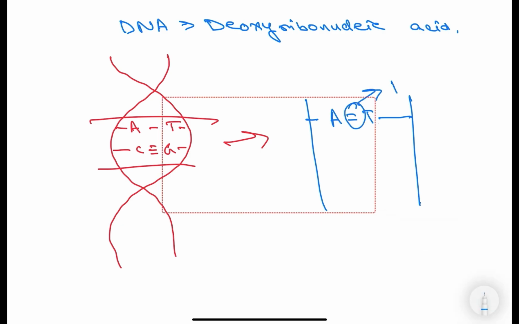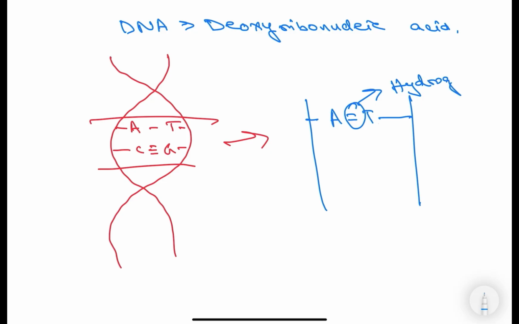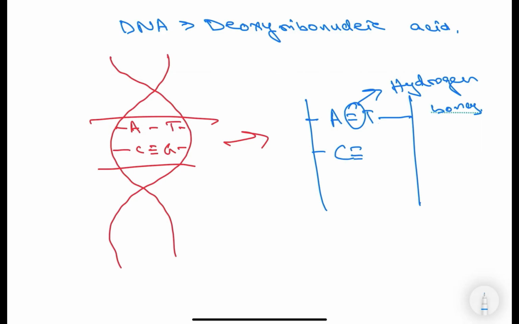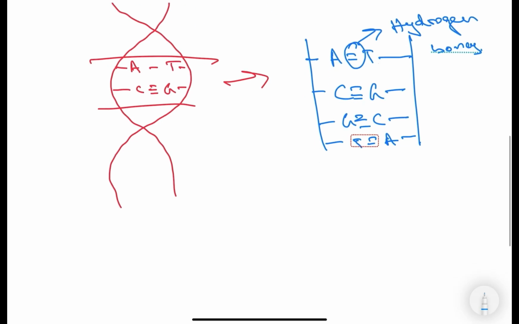Okay, and C is bound to G, and this thing continues. Again there may be another G, C, or a T, A, and this thing continues entirely.